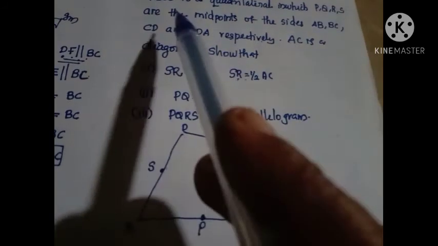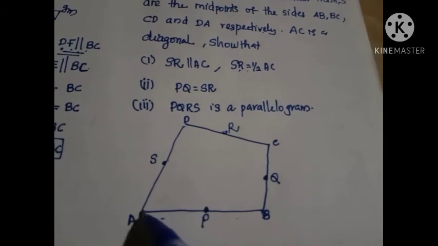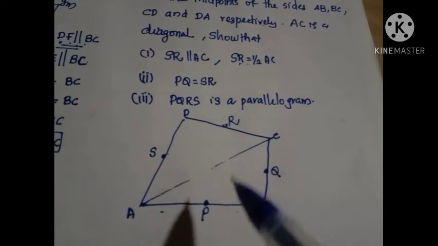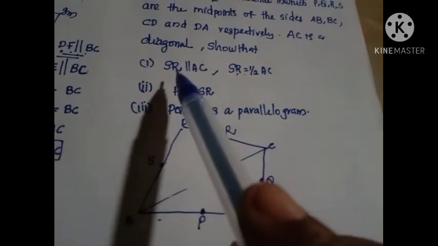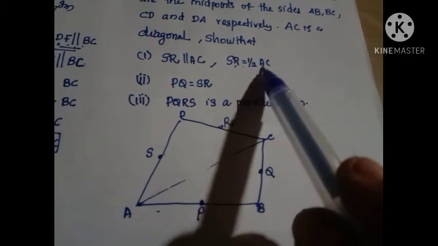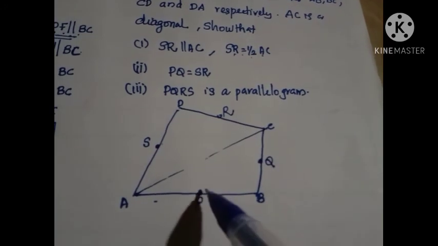AC is the diagonal, as given in the question. Show that SR is parallel to AC, SR is half of AC, PQ is equal to SR and PQRS is a parallelogram.